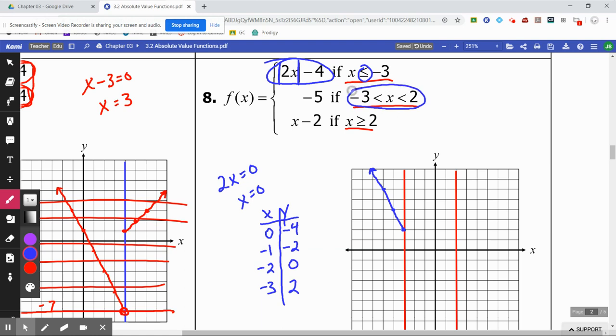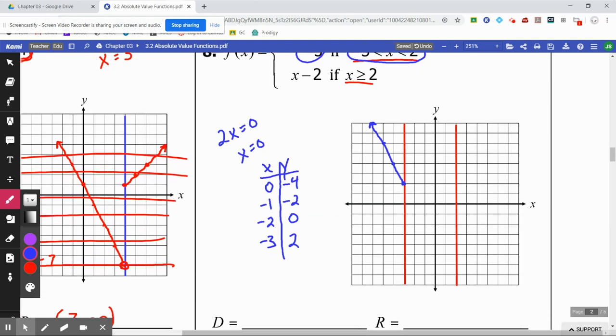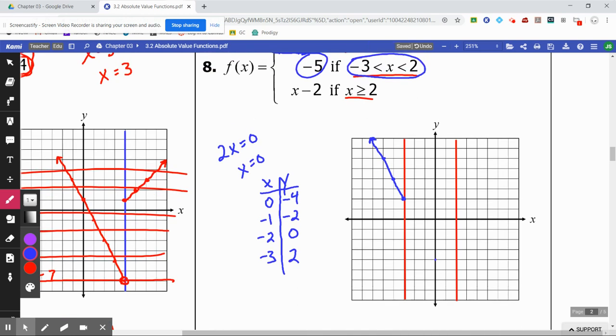From -3 to 2, I'm going to graph this horizontal line at -5. Let me scroll up. So 1, 2, 3, 4, 5. And that's going to be an open circle here and an open circle as well here. And I'm going to graph that horizontal line. For x greater than or equal to 2, for the last part, I am going to include 2.